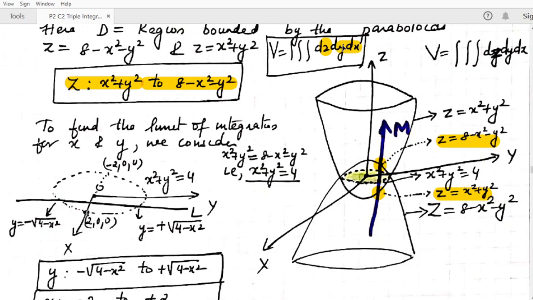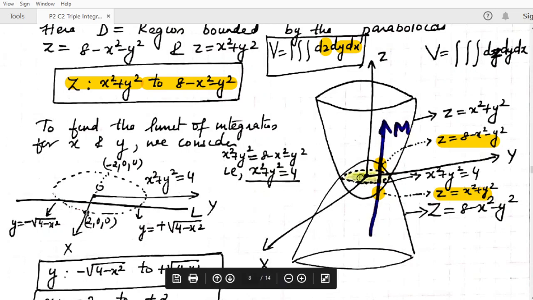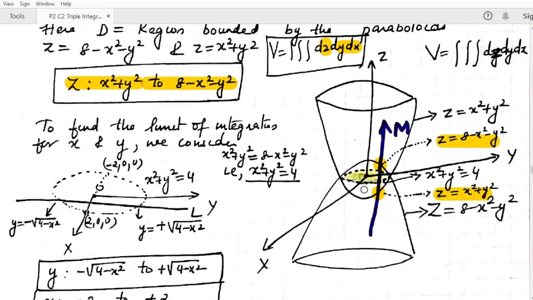So to find the integration for the remaining 2 variables, what is our next step? Here we have to note one thing: whenever a region is bounded by 2 paraboloids, the projection of the region D bounded by these 2 paraboloids will be equal to the intersection of these 2 paraboloids.